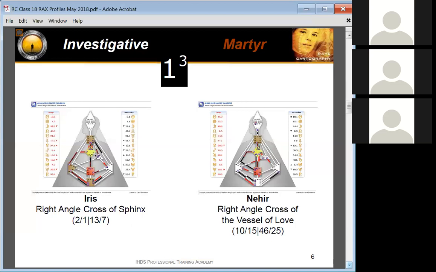And then isn't it beautiful that Nihar is actually on the right angle cross of the vessel of love? It's also very much oriented towards the G center. The two of them together make up the entire G center.